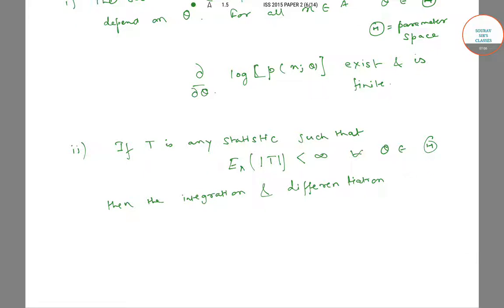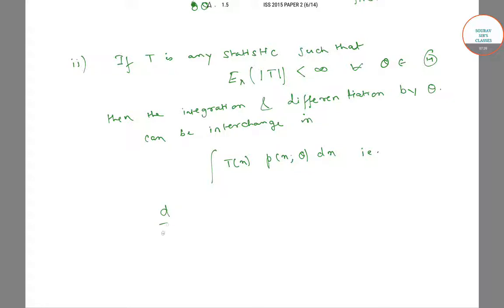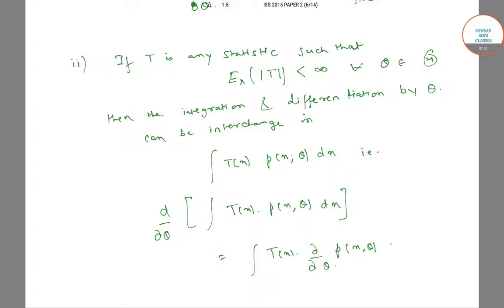That is, d/d theta of the integral of T(x) p(x, theta) dx is equal to the integral of T(x) times the derivative with respect to theta, that is d/d theta of p(x, theta), dx.